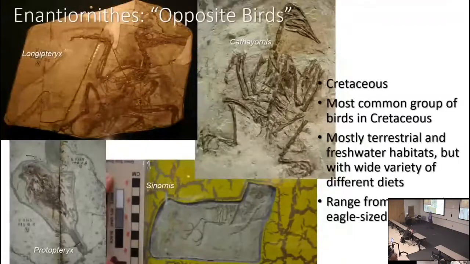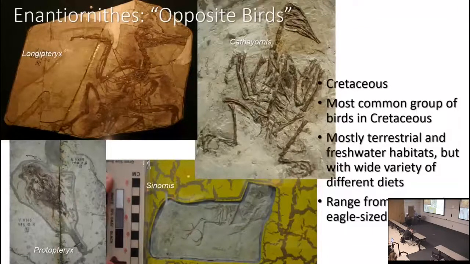Enantiornithes, the opposite birds. Discovered back in the 1980s. They are a Cretaceous group. In fact, the earliest ones are from fairly early in the Cretaceous. The last ones died with the Great Extinction. In the Cretaceous, and especially in the early Cretaceous, they are more common than the clade of modern birds.